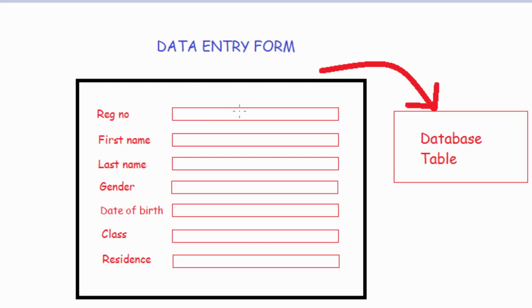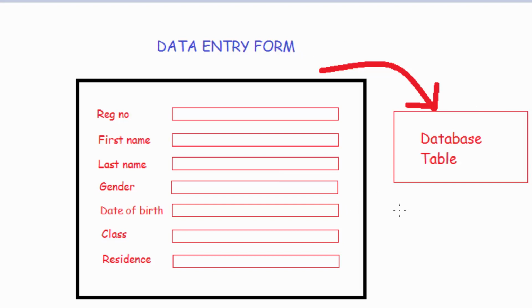So if you type an alphabetical letter, it will be blocked. But if you type a number, it will be accepted. Those are some of the advantages of using data entry form. And all the information which is submitted through the form goes to the database table.